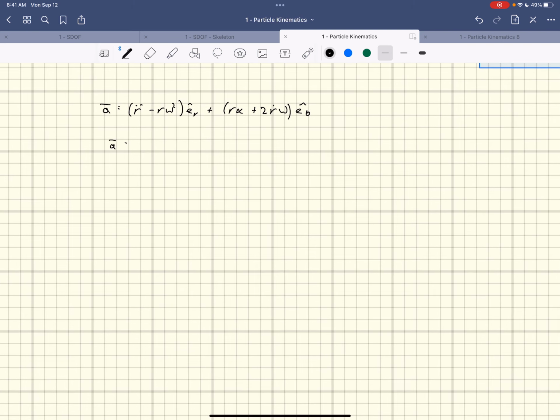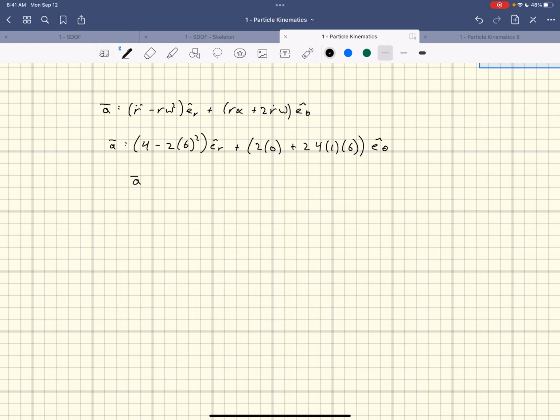I think we have them all. r double dot we found to be 4, minus r is 2, omega is 6 squared, plus r is 2, alpha is 0, plus 2 times r dot, which is 4t. We're doing it at 1 second, so that's 4 times 1, times omega is 6. All that in the e_theta direction.